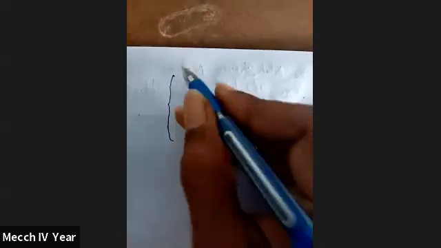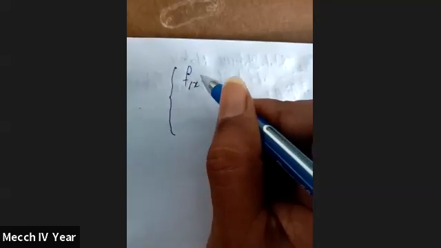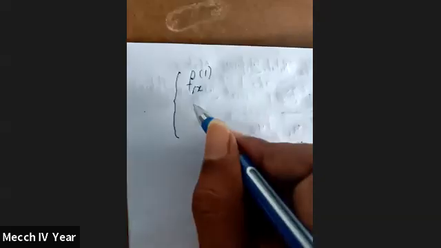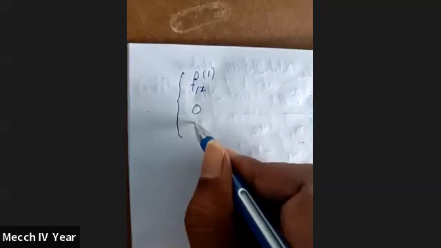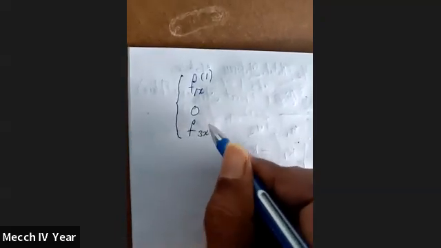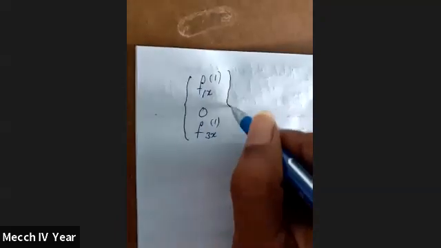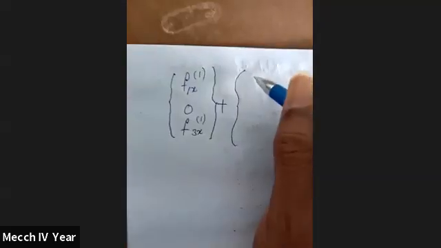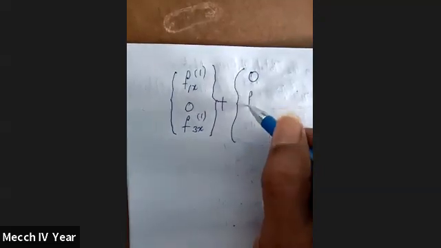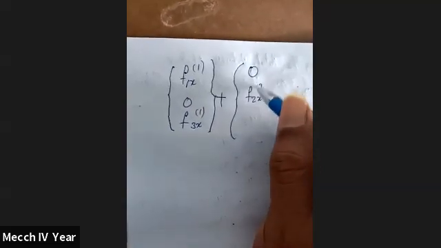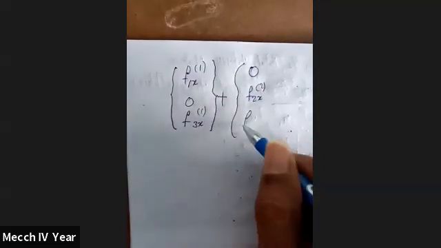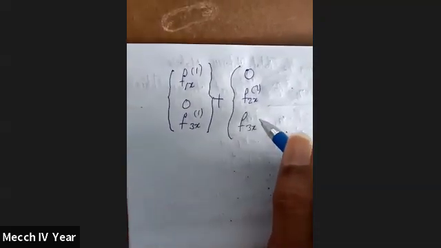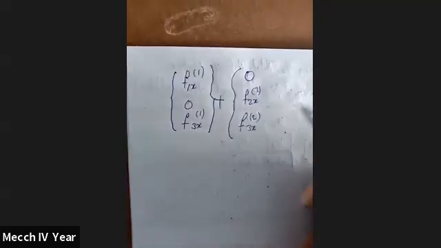So now here the force equilibrium f1x, that is the first element. Now here we put 0, f3x, element number 1, plus, then here 0, f2x, second element, f3x, that is also second element.